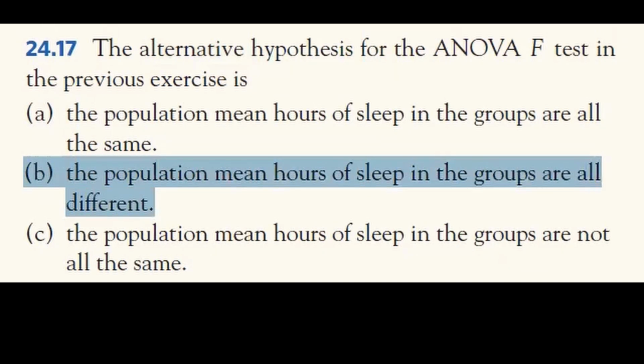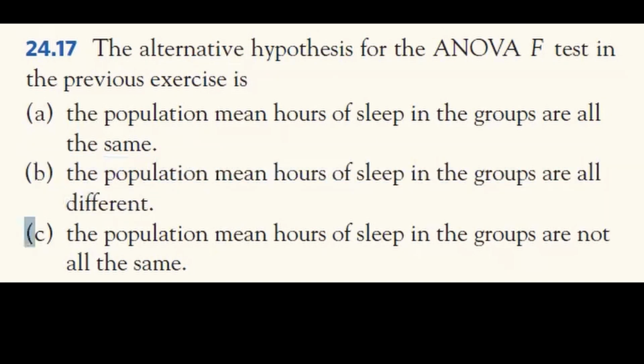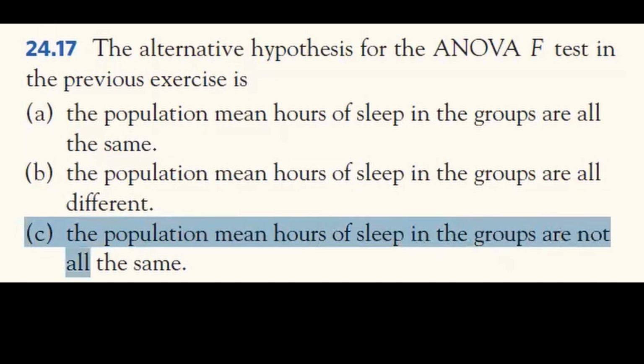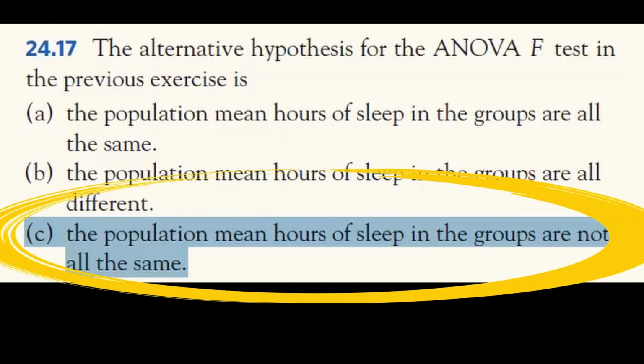Kind of, that's like saying they're all not equal to each other. I don't know about that. How about the population mean hours of sleep in the groups are not all the same? So at least one of these things is not like the other. Does that sound more familiar? Right? One of these means is not equal to all the other means. We don't always know which one.